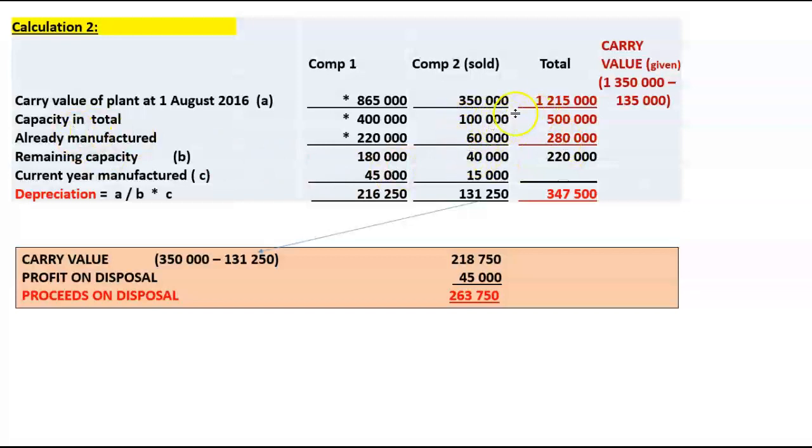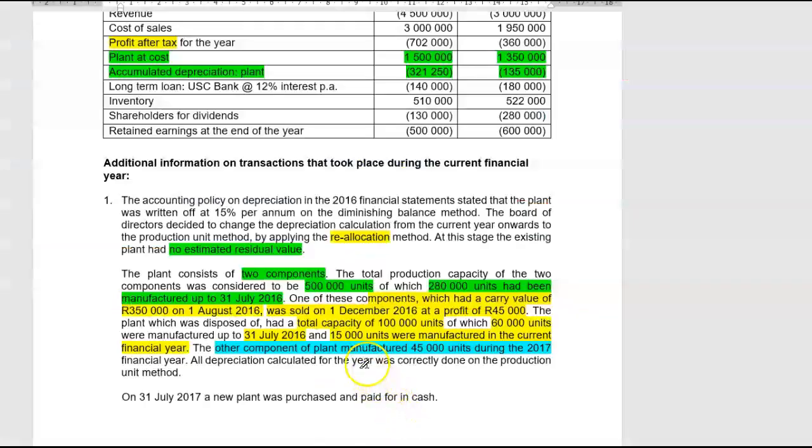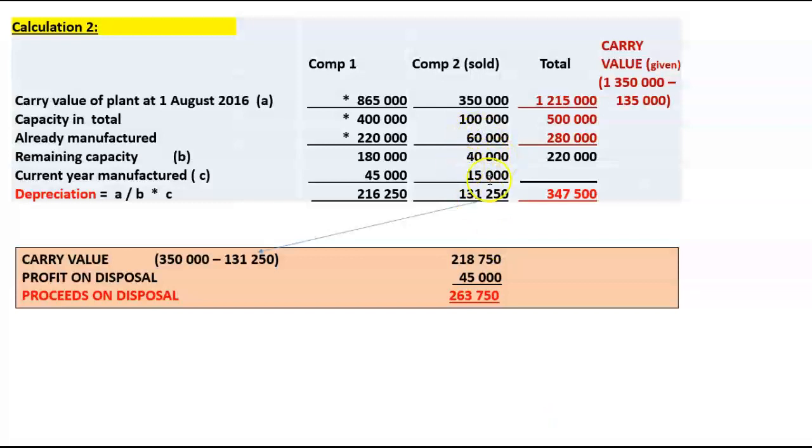So the remaining capacity then is the 100,000 less the 60,000 and the 400,000 less the 220,000, which gives us 180,000. Now for the current year, they said that we have manufactured the other component 45,000 units. 15,000 was for the one which we have sold. So 15,000 on the one sold, 45,000 for the other one.